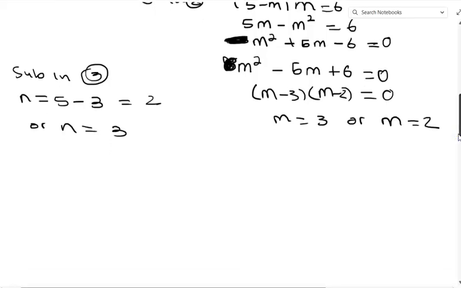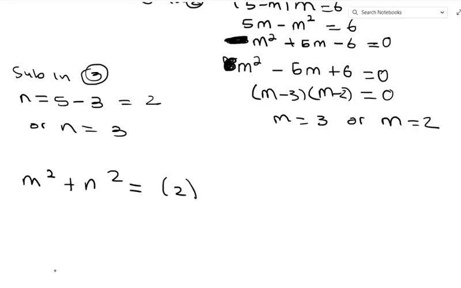So it's just going to be the same. If m is equal to 3 squared, then n is equal to 2 squared, and this gives us 9 plus 4, which is 13, right? The other case is going to be the same. Okay, that means we managed to solve the problem.